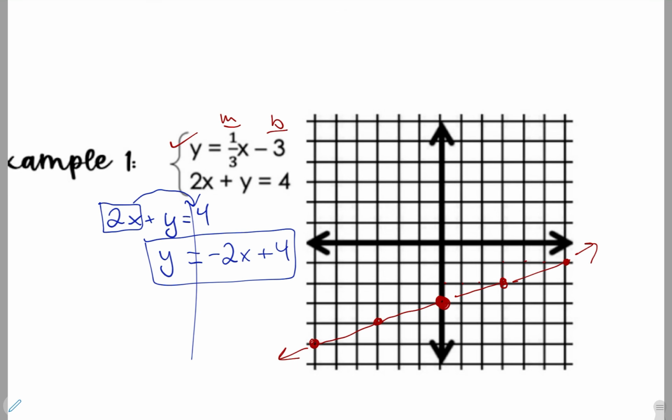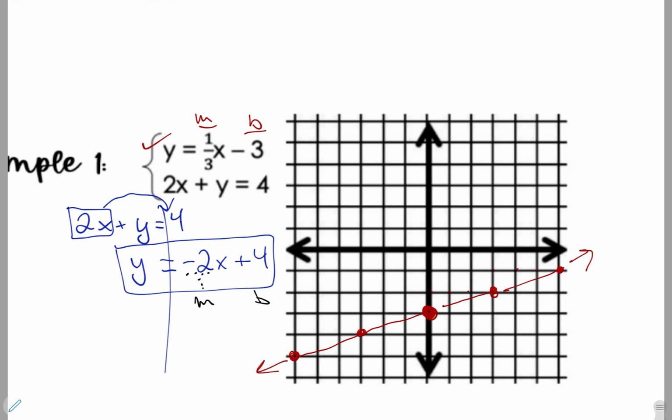We're going to graph this. And we always want our slope to be a fraction, so I'm going to make it -2 over 1 as a reminder. So this graph starts at +4. The b value is +4. 1, 2, 3, 4. And the slope is -2 over 1.